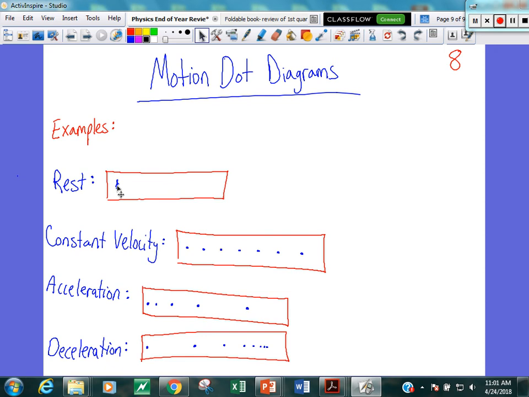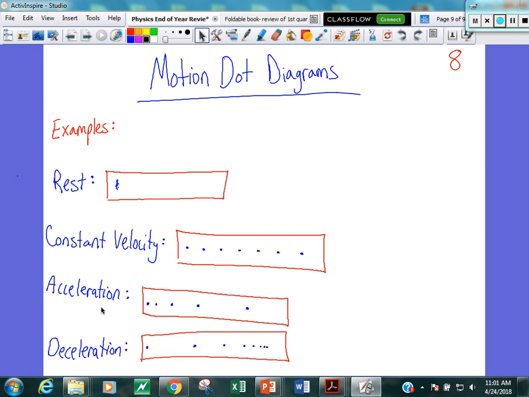It's not moving. There's no distance between the dots, which means that the car or the object is not moving. It's at rest. Now, what if your car was going at a constant velocity, so you had it on cruise control? Well, you will notice that the oil drops here are a consistent distance apart. So these intervals are the same. At least they should be the same intervals.